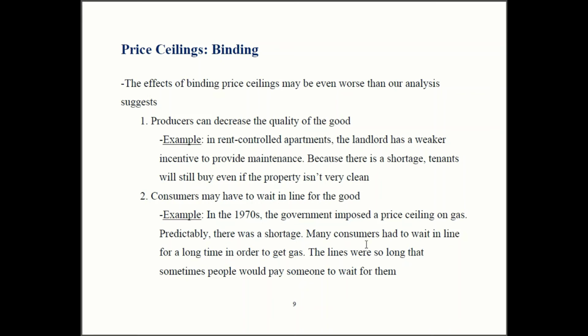You have more people trying to get into the apartments than there are apartments available. As a result, the landlord can make the apartments less appealing by neglecting maintenance. If they make the apartments less appealing, some people will be discouraged and not want to live there anymore. But there are so many people trying to get in that they can still fill every apartment.